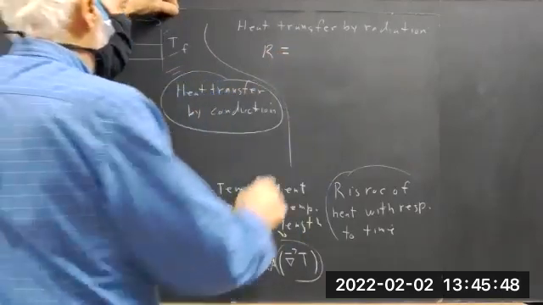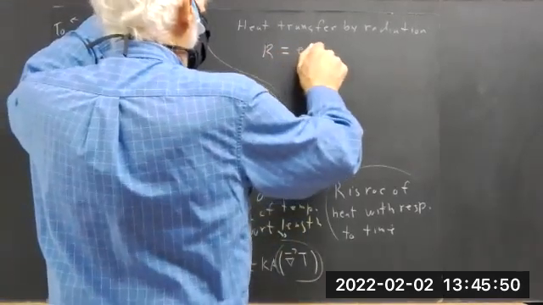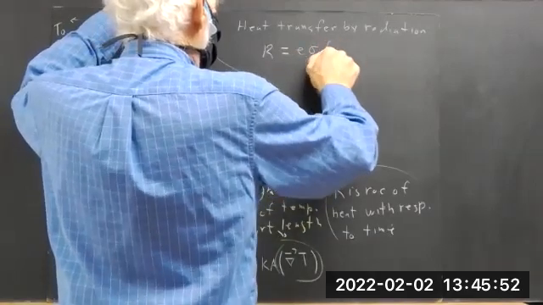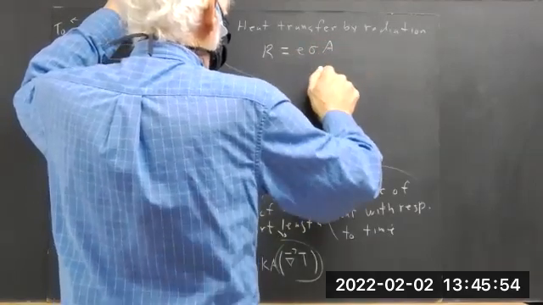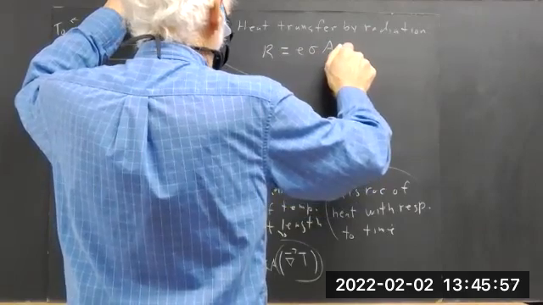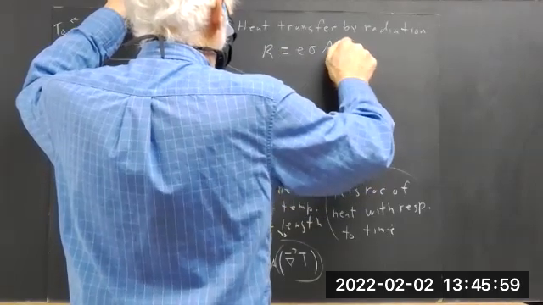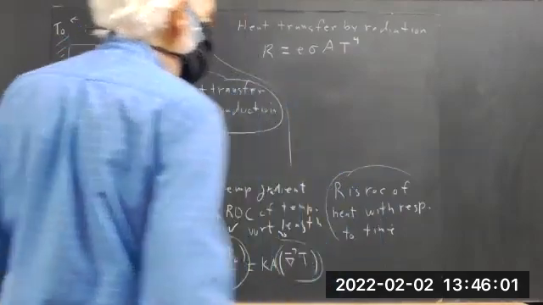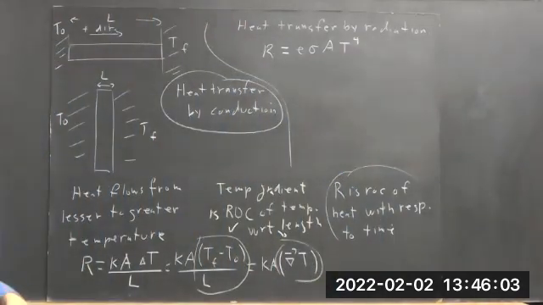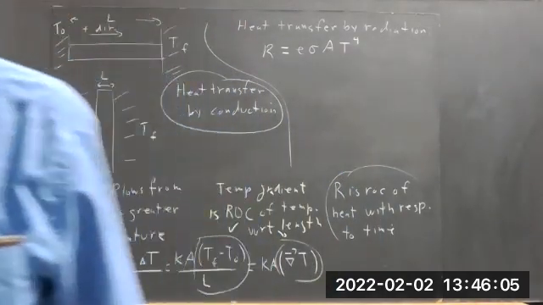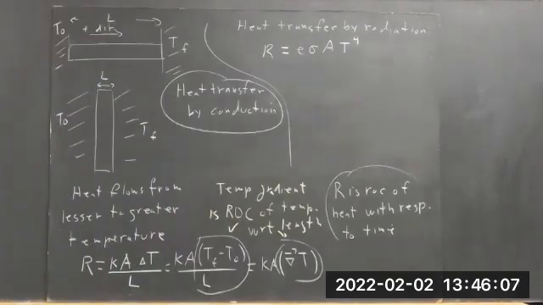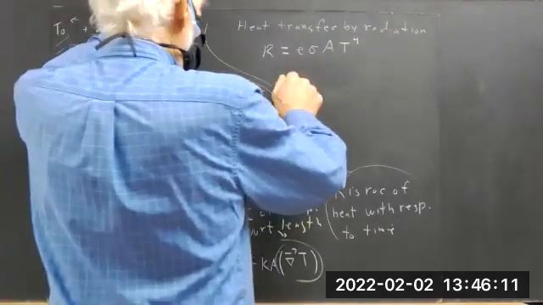The rate equals E sigma area times T to the fourth. E is called emissivity.